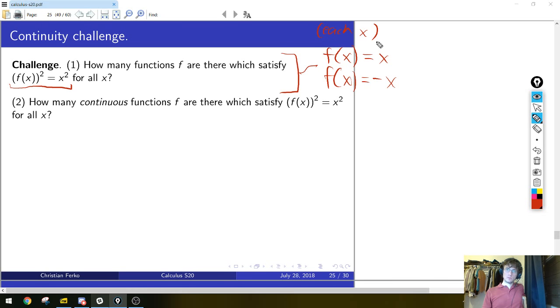So this tells us that at every single input, we get to make a choice. We either choose the output to be the same as the input or the negative of the input. So now, let's see if you can give more justification for why you think there are infinitely many functions. Why are there infinitely many functions that have this property, that at every point the output is either the input or minus the input?